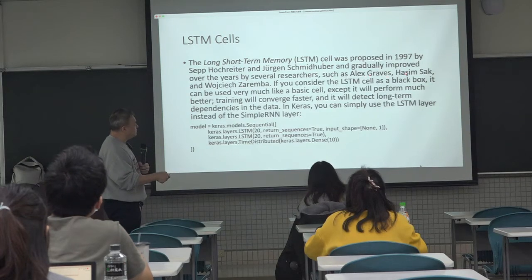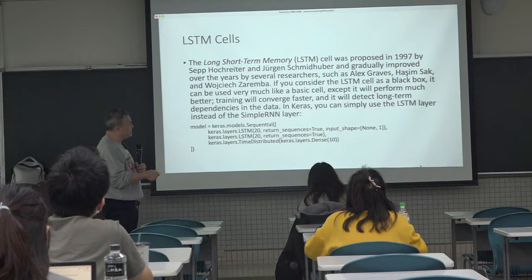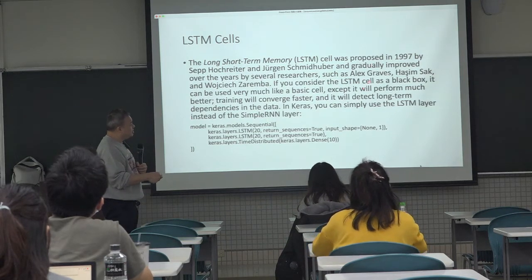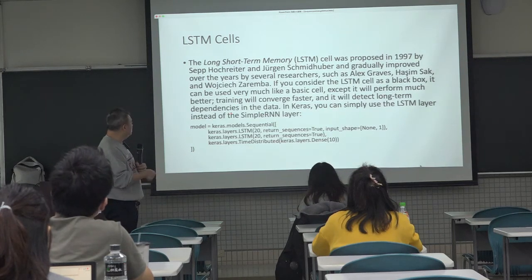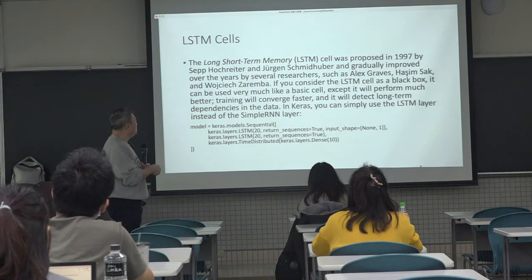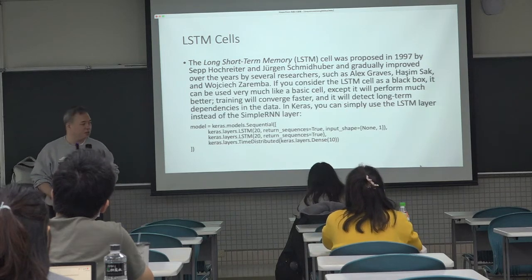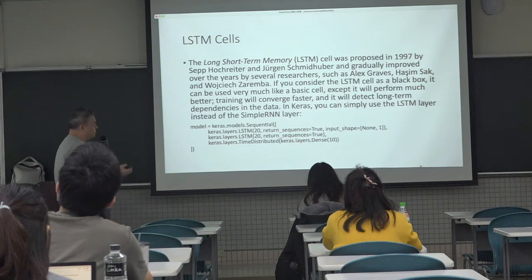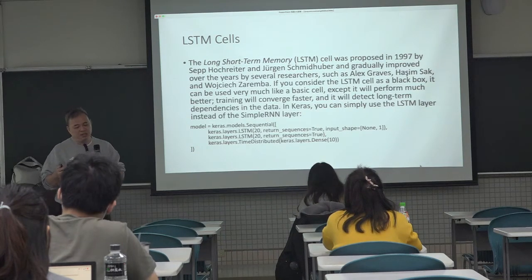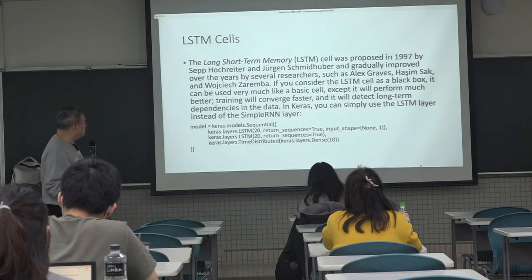If you consider the LSTM cell as a black box, you can just use it like a basic RNN cell, except it performs much better. Training will converge faster, and it will detect long-term dependencies in the data. So basically, it gives you all the desired properties with just a switch of the cell type. It's very, very convenient.